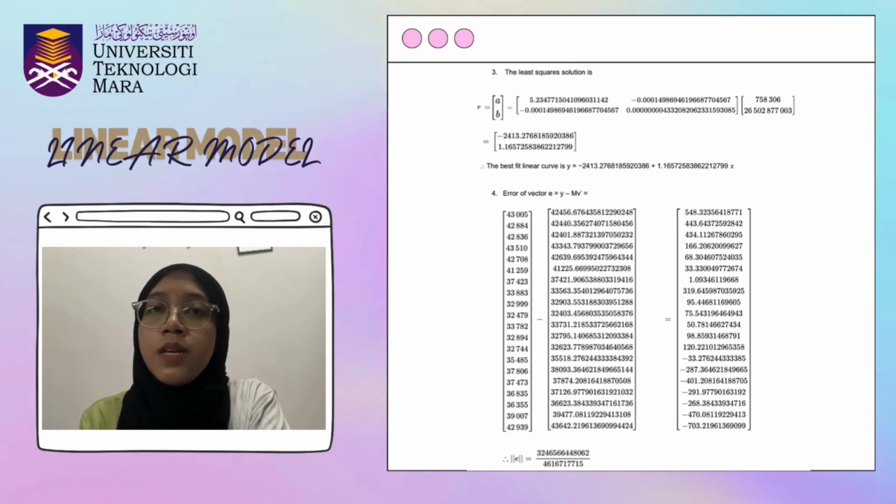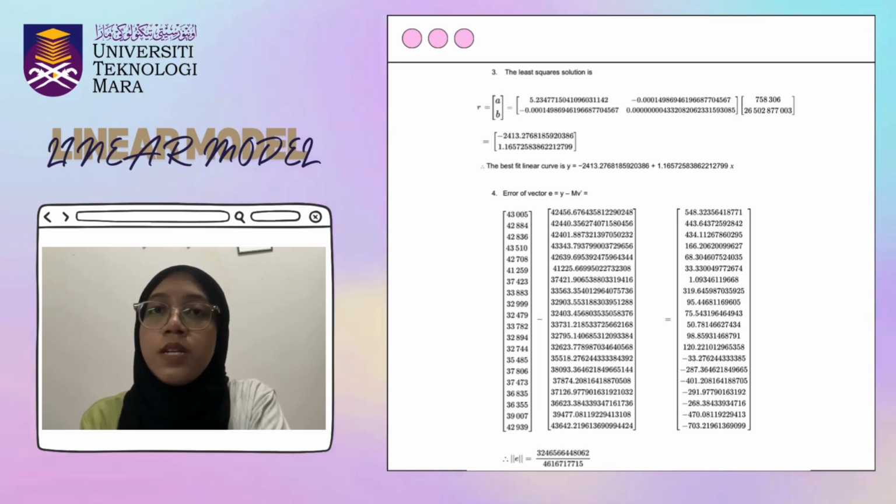And we get y equals negative 2413.2768 plus 1.657258x for the best fit curve. Then we calculate the error vector by using the formula E equals y minus Mv.